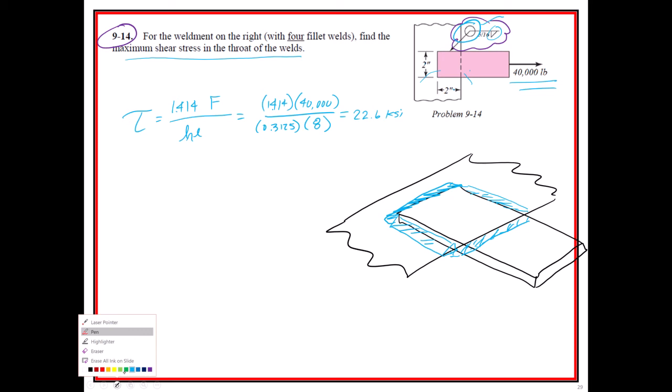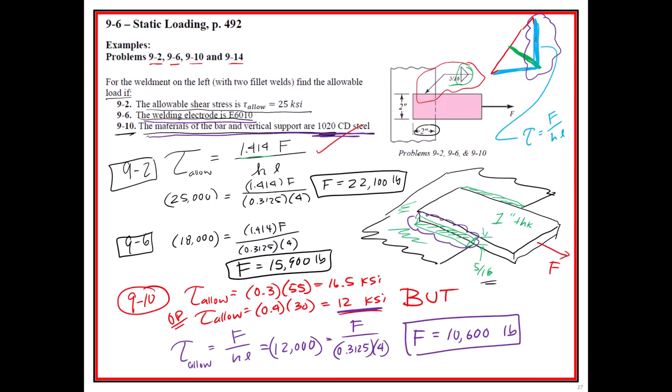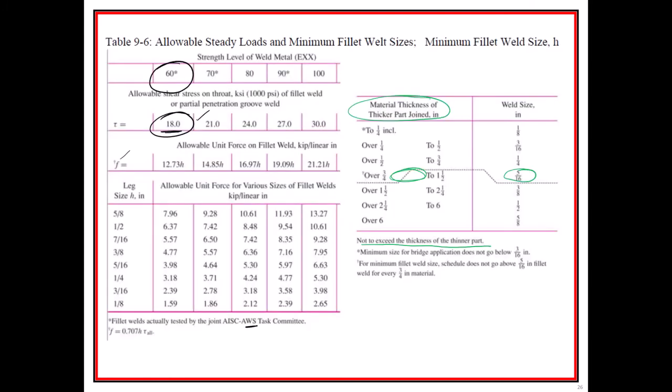So I'm going to come up with a new safety factor. Now this, by the way, this allowable that we have up here already has a safety factor built into it, right? It already has a safety factor right here.